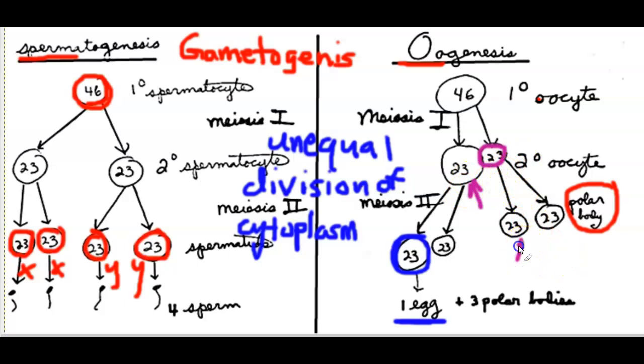And these are just going to be polar bodies as well. None of these can actually be fertilized. Here again, another polar body. Now sometimes these polar bodies actually remain attached to the eggs, and that's actually a benefit for the offspring. That means extra nutrients.